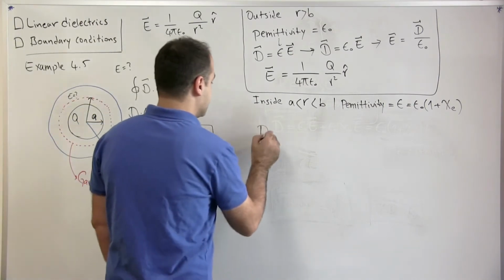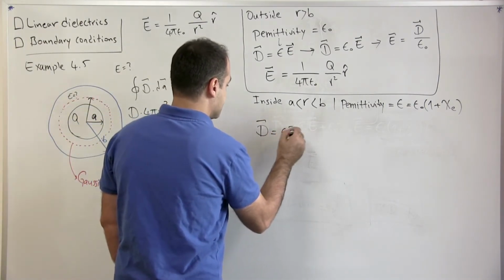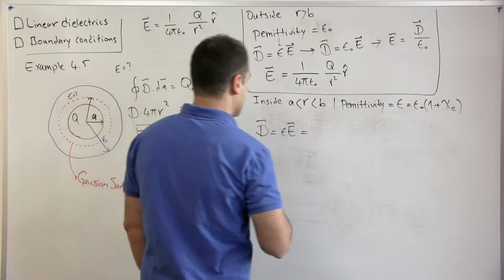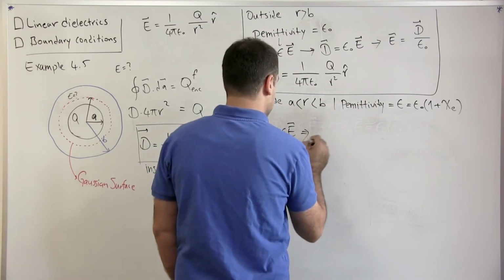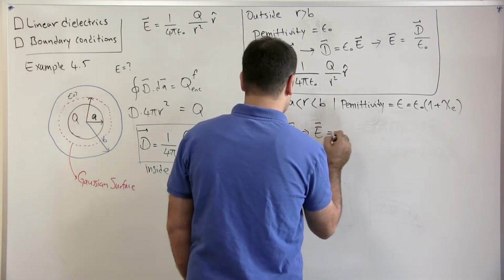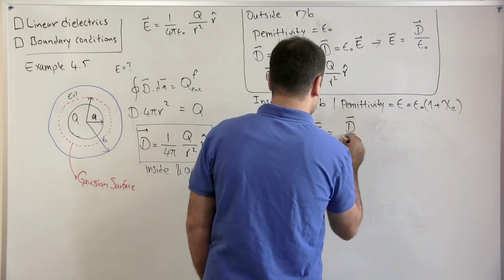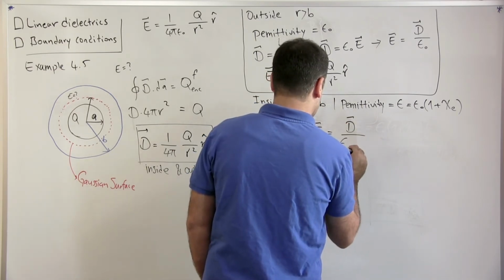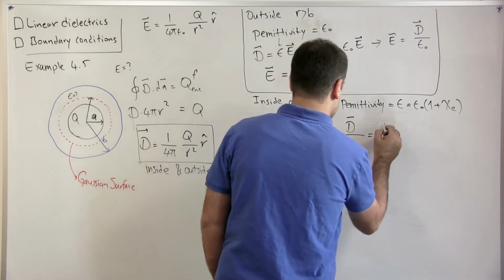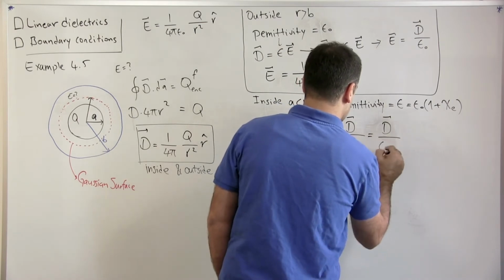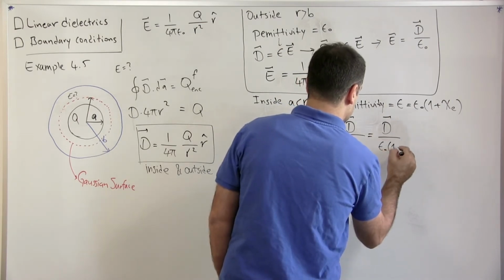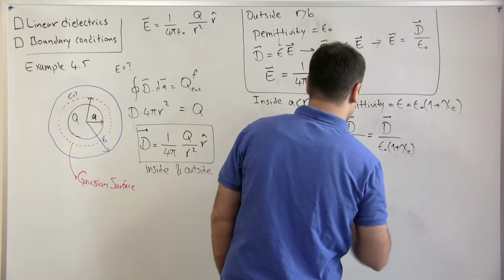The displacement is epsilon times E. That means E should be D divided by epsilon, which is equal to D divided by epsilon 0 times 1 plus chi E.